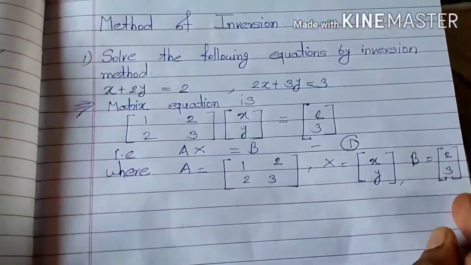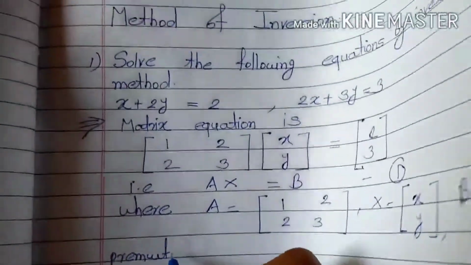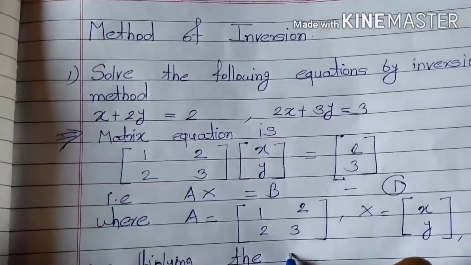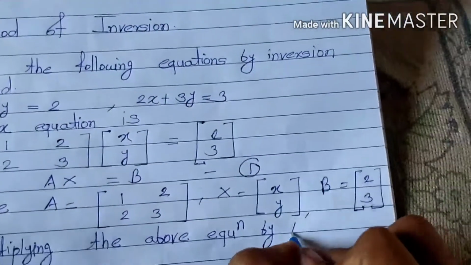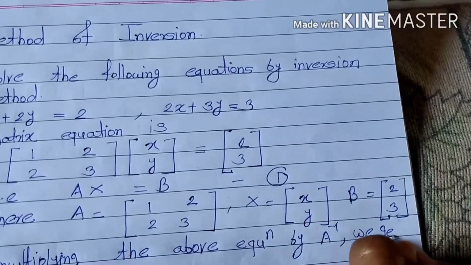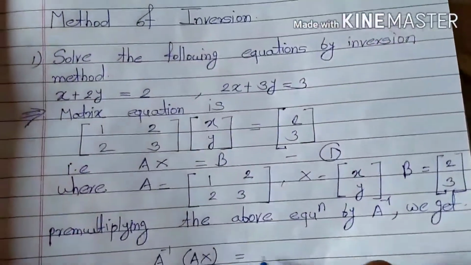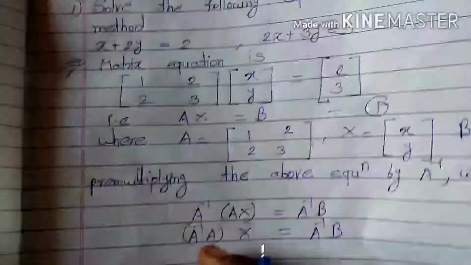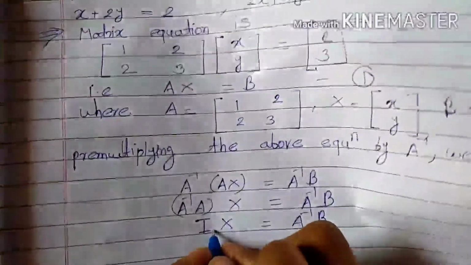Now pre-multiplying the above equation by A inverse, we get A inverse Ax is equal to A inverse B. A inverse into A is I, the identity matrix.